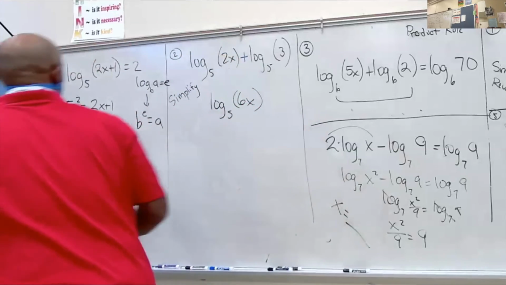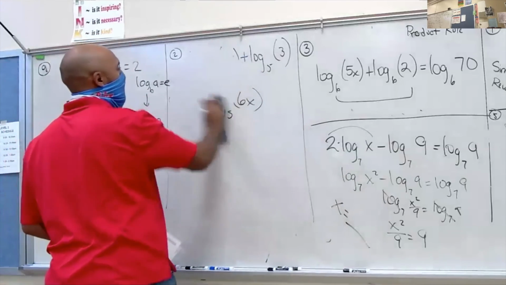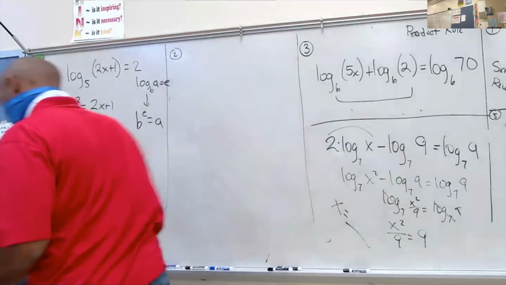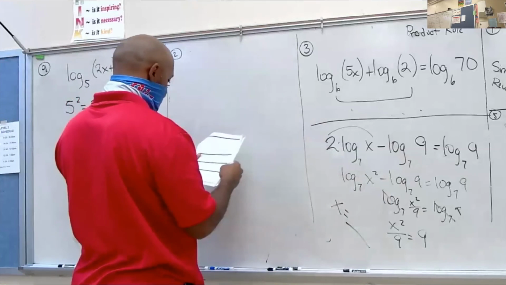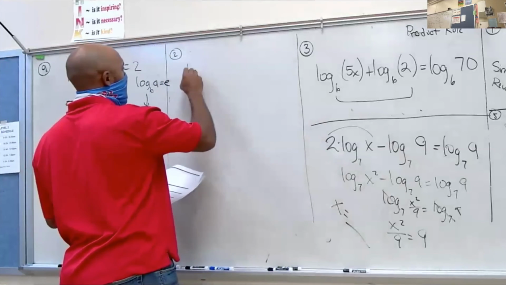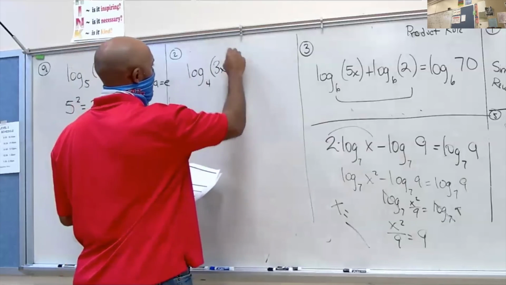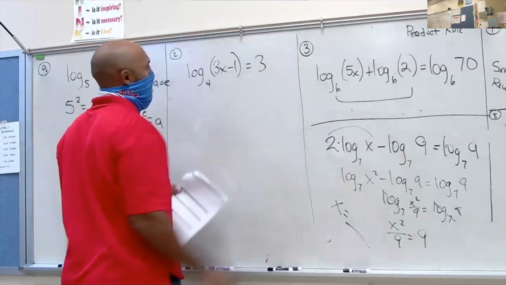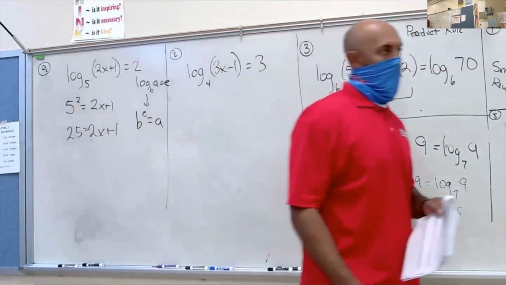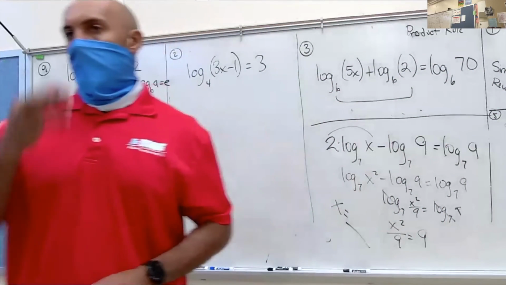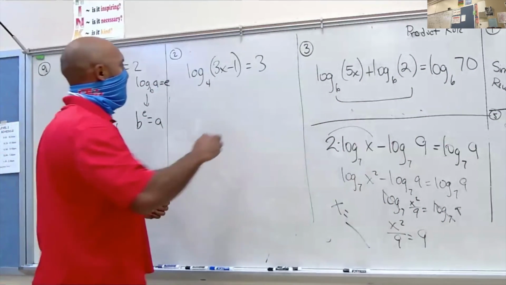Now let's have you try one. Log base 4 of 3x minus 1 is equal to 3. Now you try that. You're doing pretty good on that.